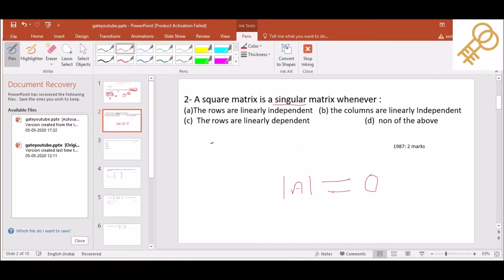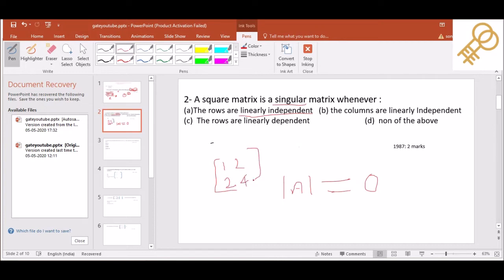Your first option is the rows are linearly independent. So again, there is a new term, that is linearly independent. What do you mean by linearly independent? So I'll be explaining with an example. Suppose a matrix having 2 rows and 2 columns, and the elements of the matrix are 1, 2, and 2, and this is 4.